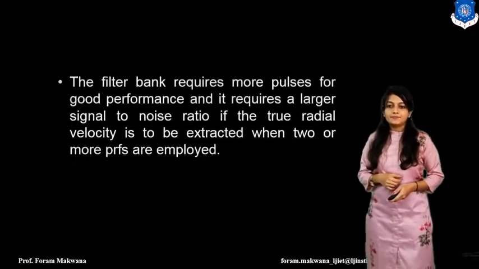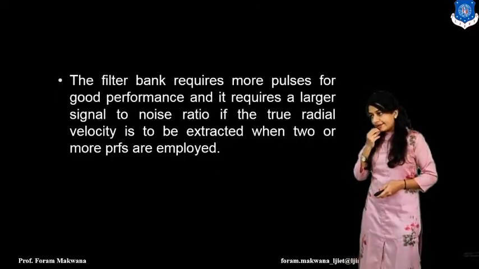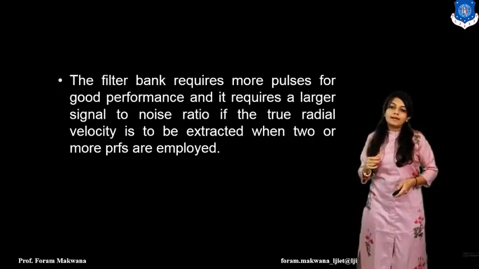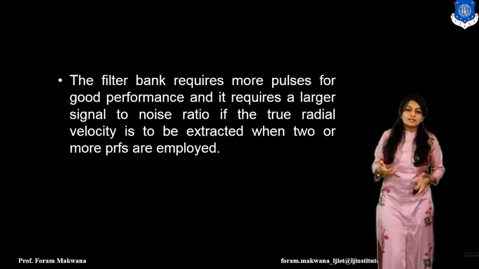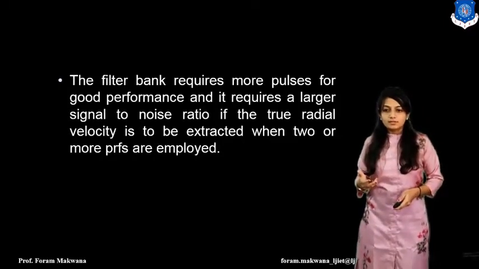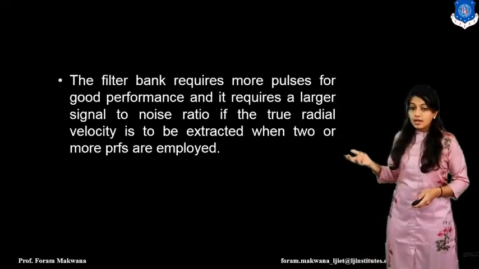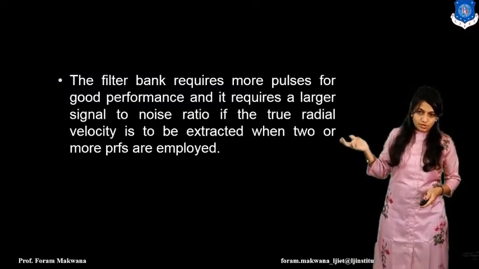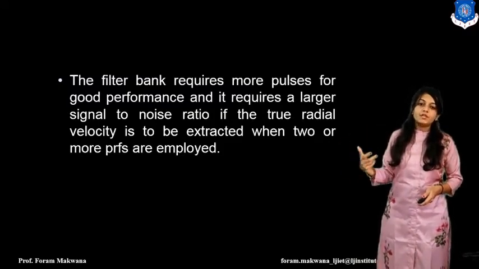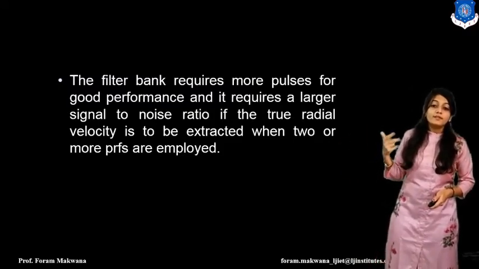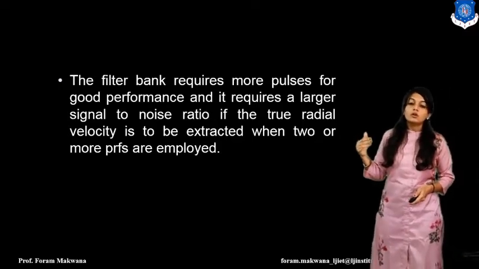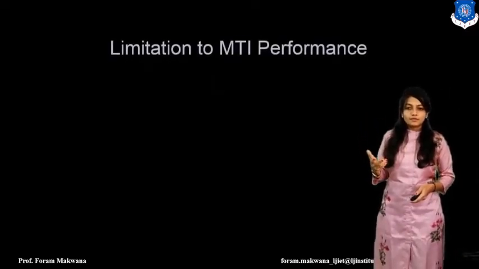Okay, the filter crossover is less. So for that, the filter bank requires more pulses for good performance, and also it requires a larger signal to noise ratio if we need to extract the radial velocity for more than 2 PRFs.